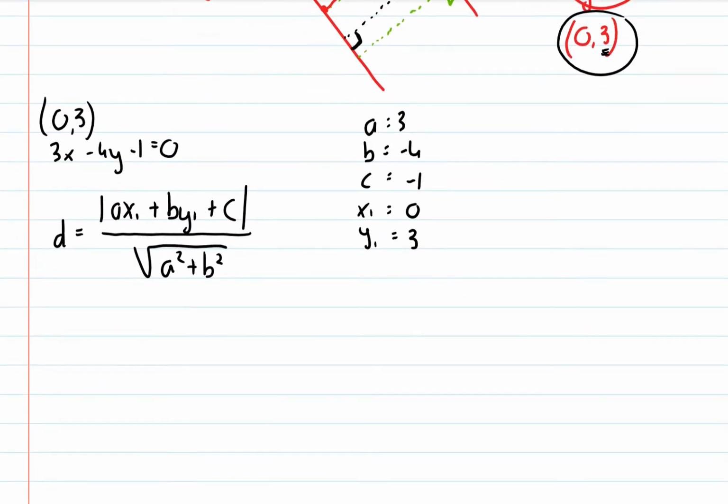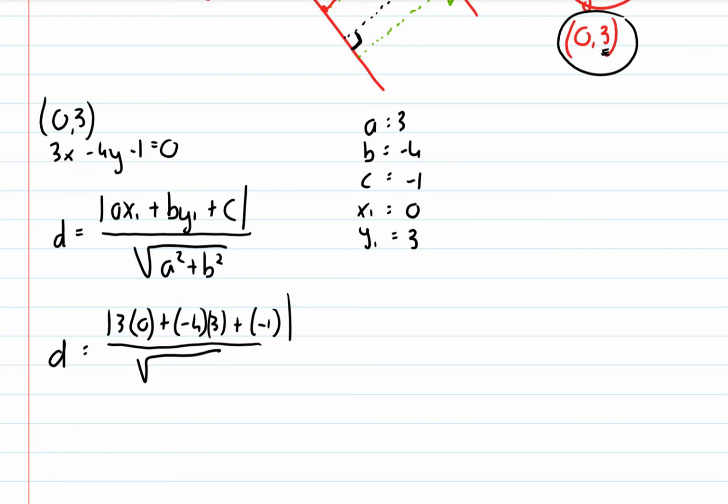I slot those into this. D equals the modulus of a, so it's 3 multiplied by 0 plus minus 4 multiplied by 3 plus minus 1, all over a squared, which is 3 squared plus minus 4 squared.